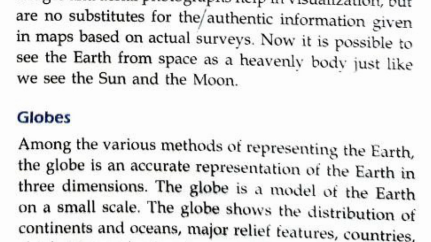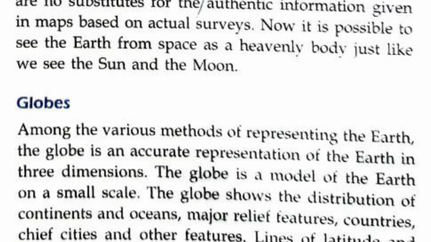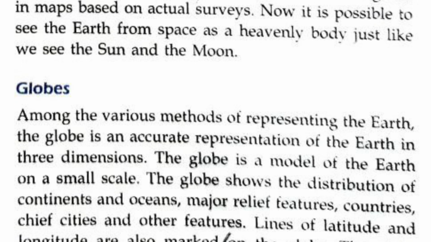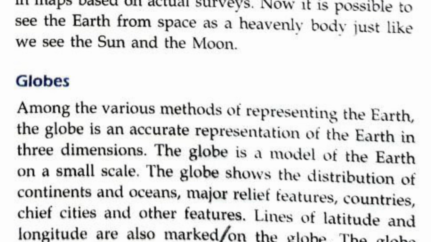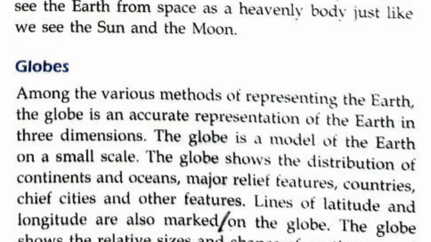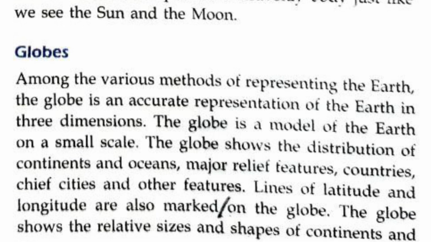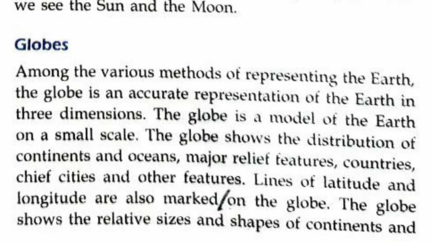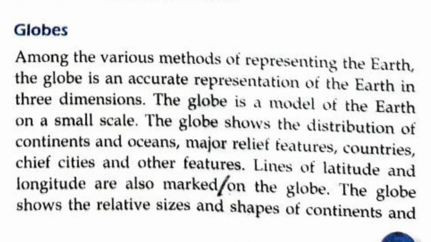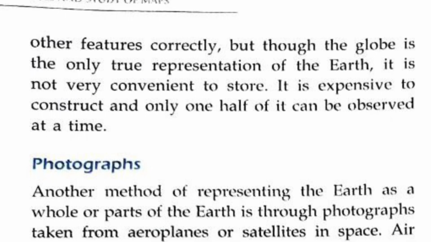The globe shows the distribution of continents and oceans, major relief features, countries, chief cities, and other features. Lines of latitude and longitude are also marked on the globe. The globe shows the relative sizes and shapes of continents and other features correctly.